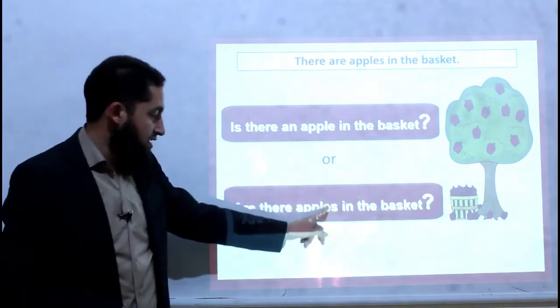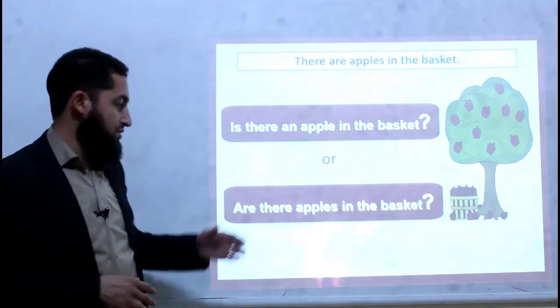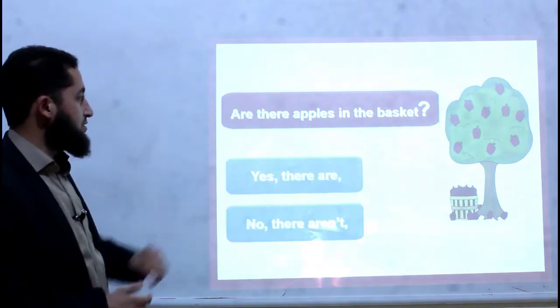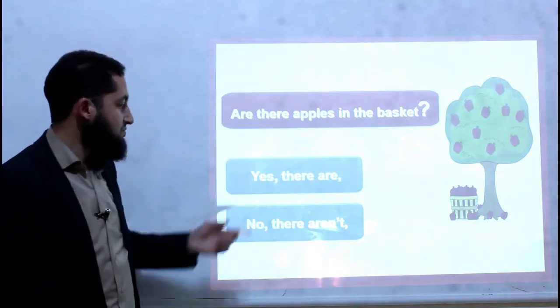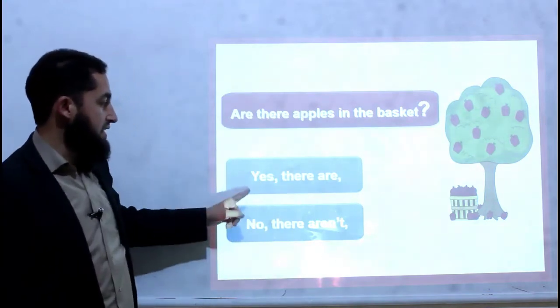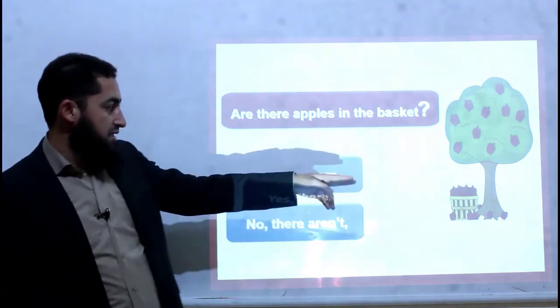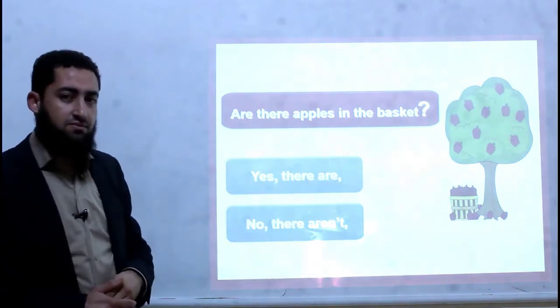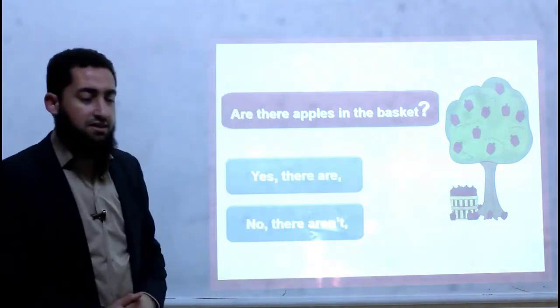So we have apples, so it's plural. So the correct answer is, are there apples in the basket? Now we answer, is it yes, there are, or no, there aren't? Good. So the answer is yes, there are.